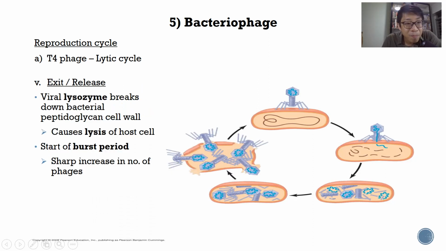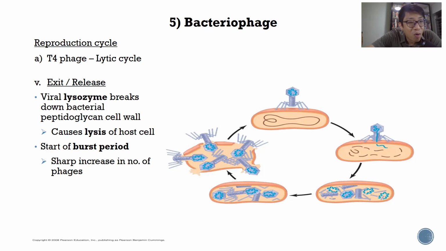All right. So the last step is the release of the new viruses, and that involves another viral enzyme that is made during the synthesis stage. This is a viral enzyme called a lysozyme, and it breaks down the peptidoglycan cell wall of the bacterial host cell.